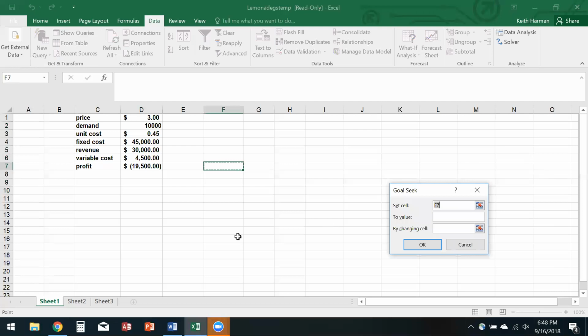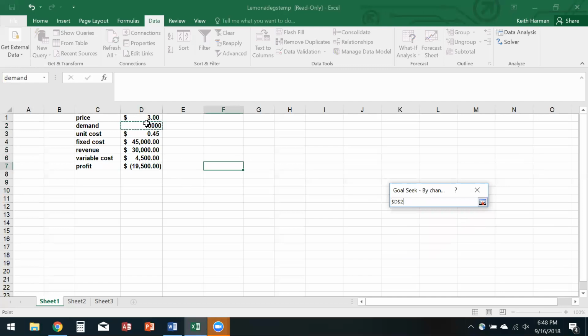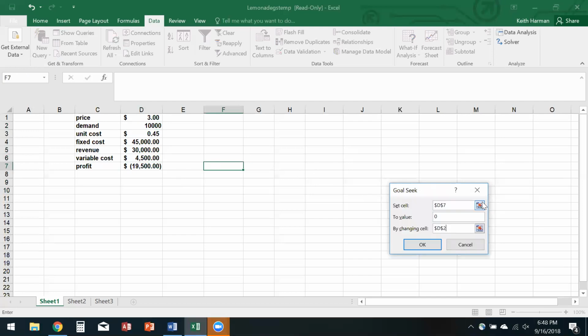So I'm going to set the cell D7 to a value, and that value, the break even, will be 0, by changing the cell demand. That's how many units we sell, and we're doing the break even units, and let's see what happens.